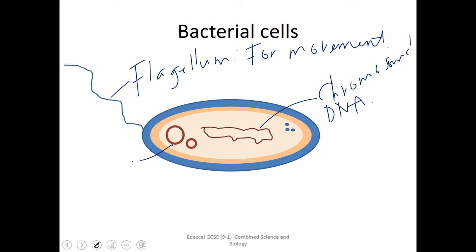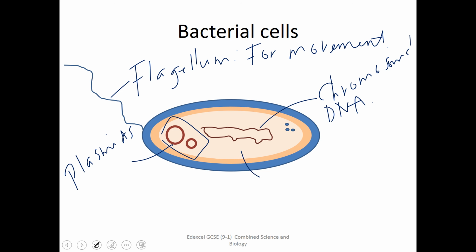We then have these structures known as plasmids. And plasmids are smaller loops of DNA which will control a few of the cell's activities, which include things like resistance. So antibiotic resistance is due to these rings of DNA.